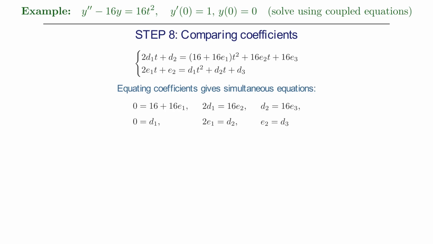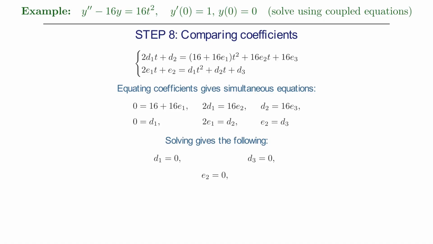So we have a set of 6 simultaneous equations in 6 unknowns. We can read off that d1 is equal to 0. So we know that 16e2 is equal to 2d1, which gives us that e2 is also equal to 0. So d3 is equal to e2, which means that d3 is also equal to 0.